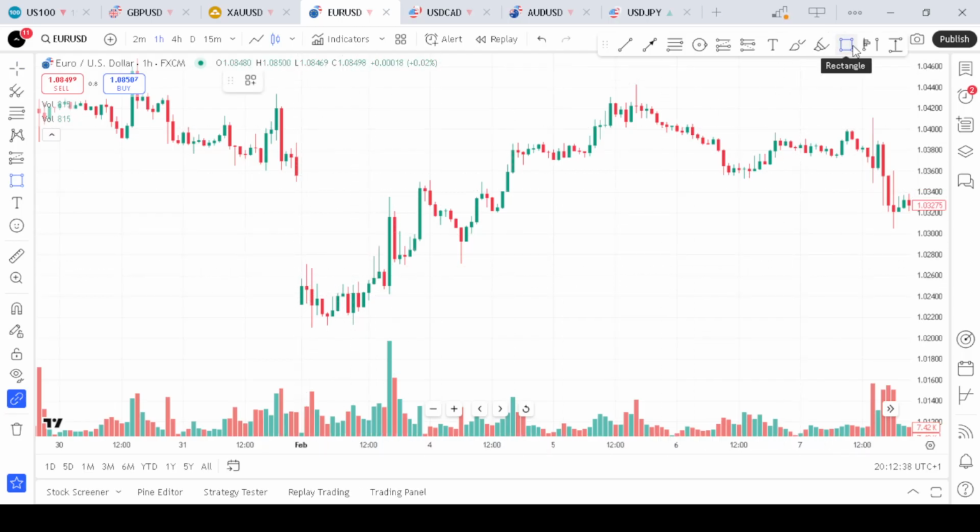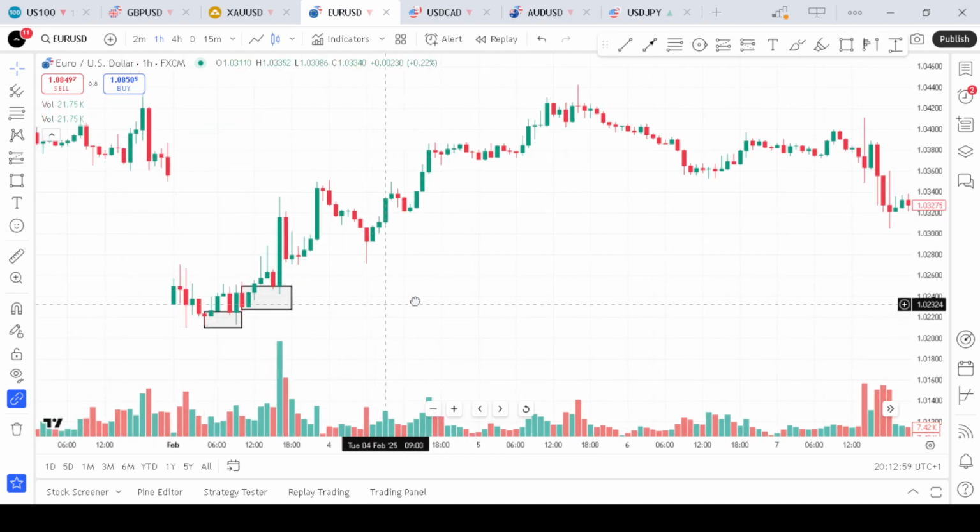Our key support areas, our key demand areas, are these areas, and they are accompanied by volume. As you can see, these are places that the market reacted from. These are our key demand areas on the chart, and these are potential entry points for your trade.